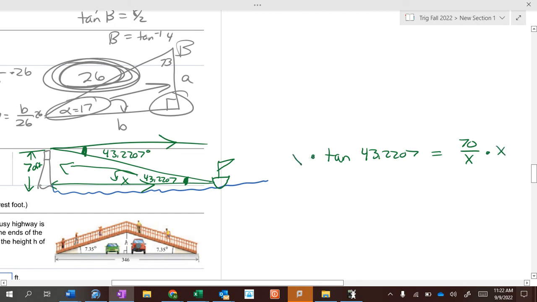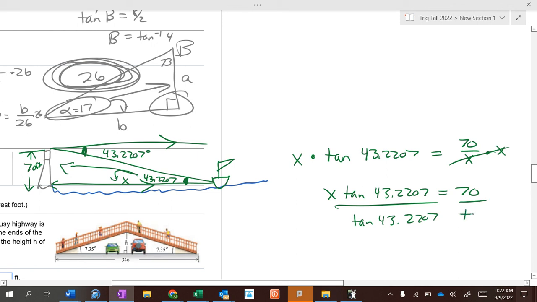So x tangent of 43.2207 equals 70. Divide by the tangent of 43.2207. And x equals what? What's 70 divided by the tangent of 43.2207? 74.5. So the boat is 74.5 feet from the base of the lighthouse.